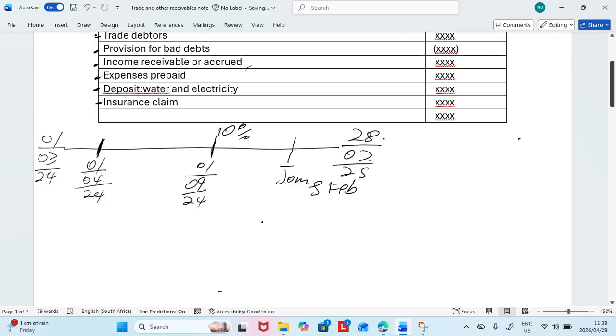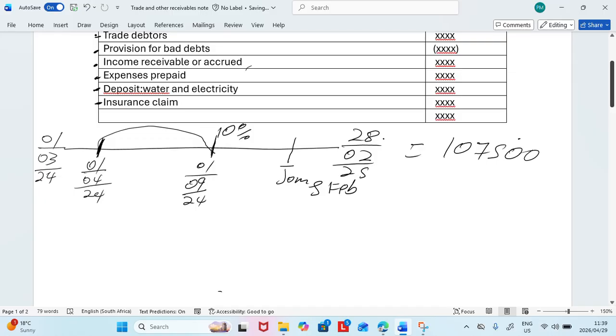So what do we want, guys? We know from our list of balances we have rent of 107,500. So we are trying to calculate the rent that we're supposed to receive for January and February, but not yet received. So from 1st of April up until the 1st of September, how many months do we have?